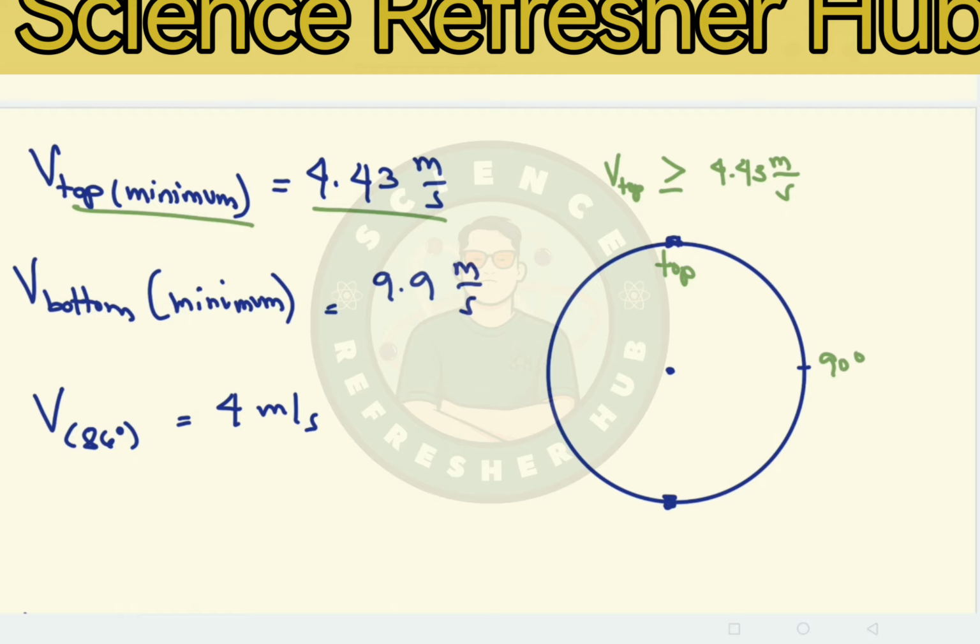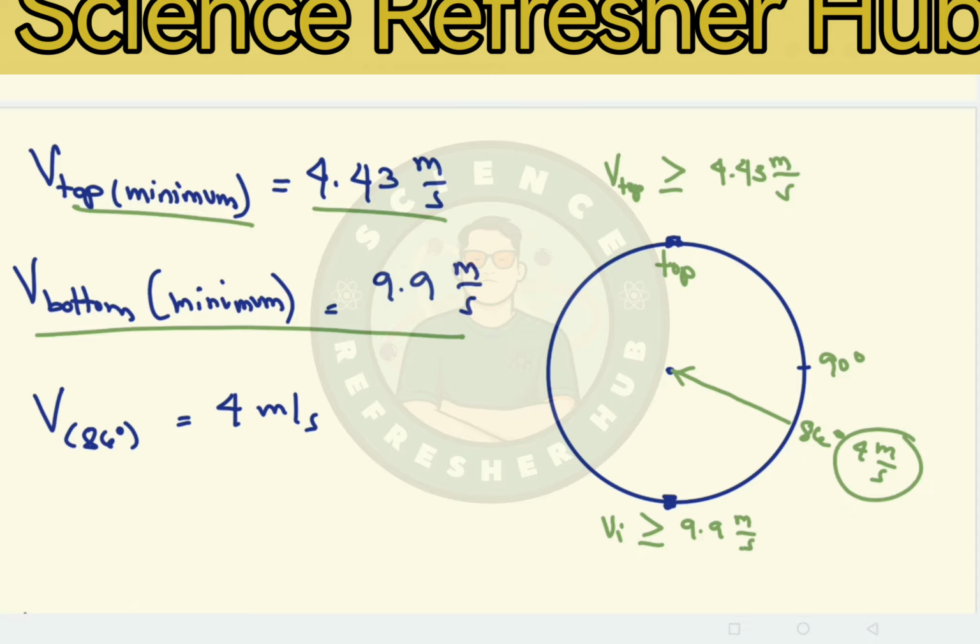Remember, this is our 90 degrees here, and let's assume that this is the 86 degree point of the circle where our object has a speed of 4 meters per second. And our needed initial velocity at the bottom must be greater than or equal to 9.9 meters per second.